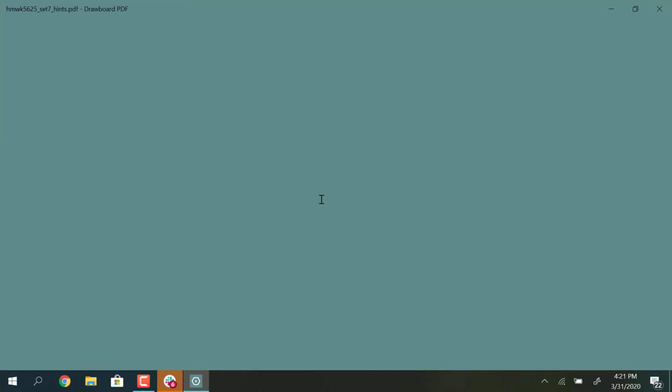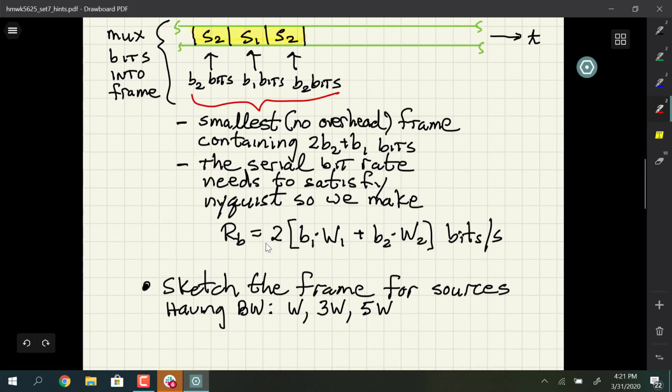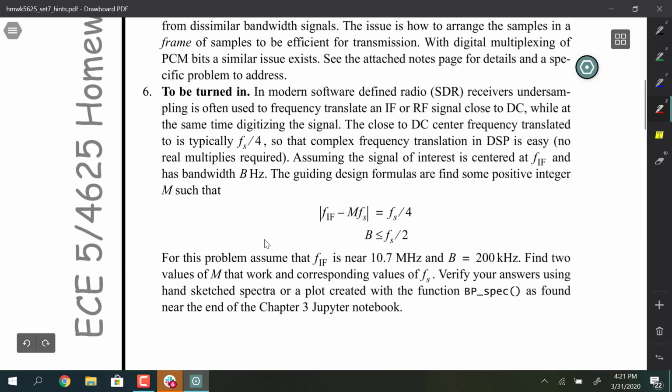In the case of the homework problem, the problem is set up as if you were building a DSP sampling, undersampling type radio where you've got an IF near 10.7 megahertz. The bandwidth of your message is 200 kilohertz. So you wanted to know how much undersampling you can apply in that case.